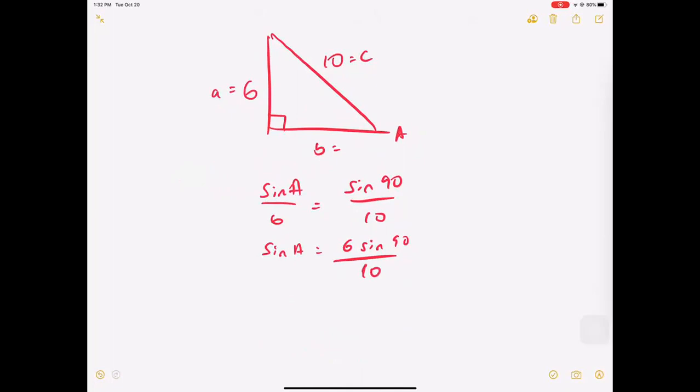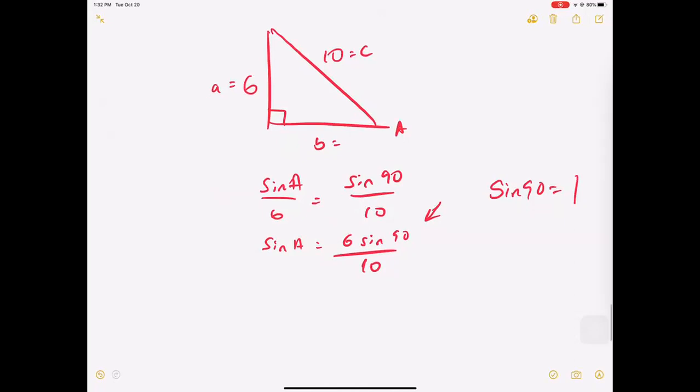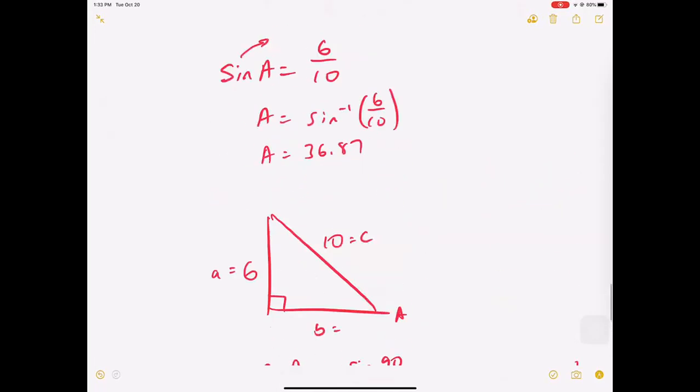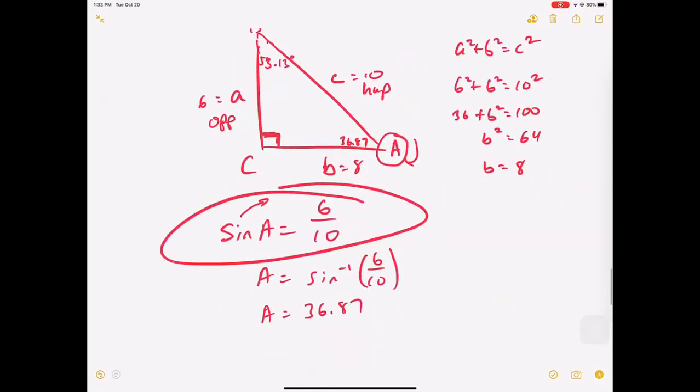Now, here's something that you might want to know. The sine of 90 is 1. If you guys remember that on a unit circle, the sine of 90 is exactly 1. So sine of A is equal to 6 over 10, which turns out is what we wrote before.